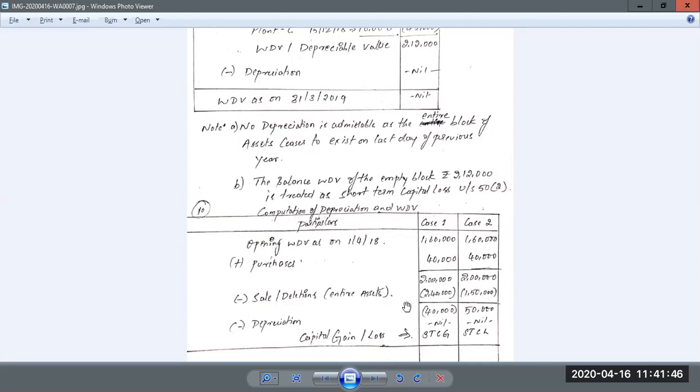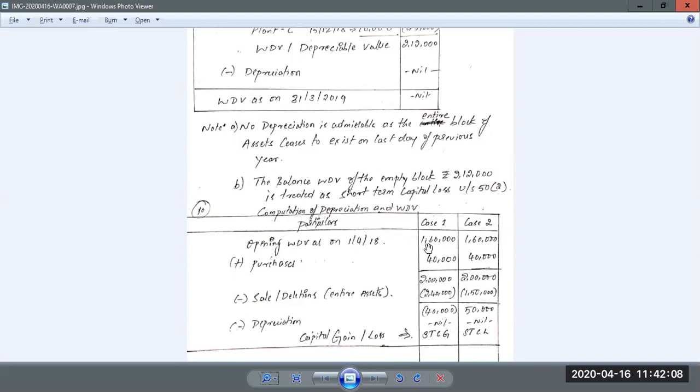Then you have sold the entire asset, that means the entire old and new plant and machinery, for 2,40,000. That is the net sale consideration. So out of 2 lakh worth of goods, if you are selling at 2,40,000, you are making a gain of 40,000. Your book value of old and new machinery is 2 lakh rupees, right?